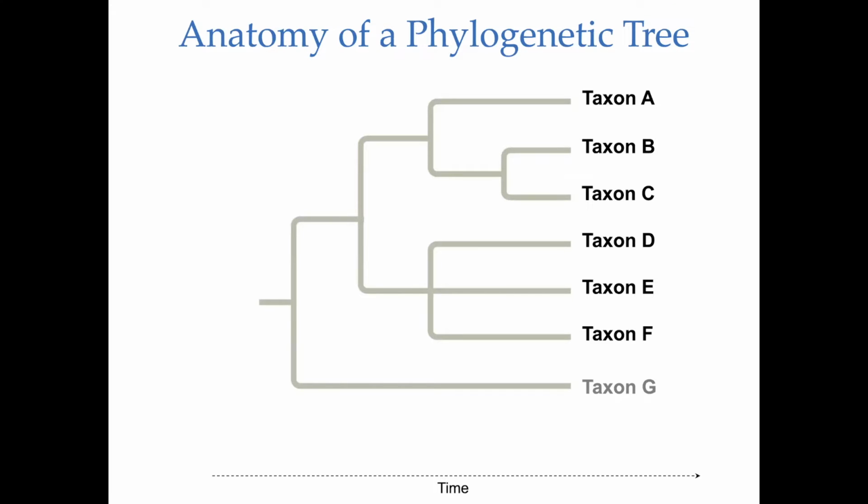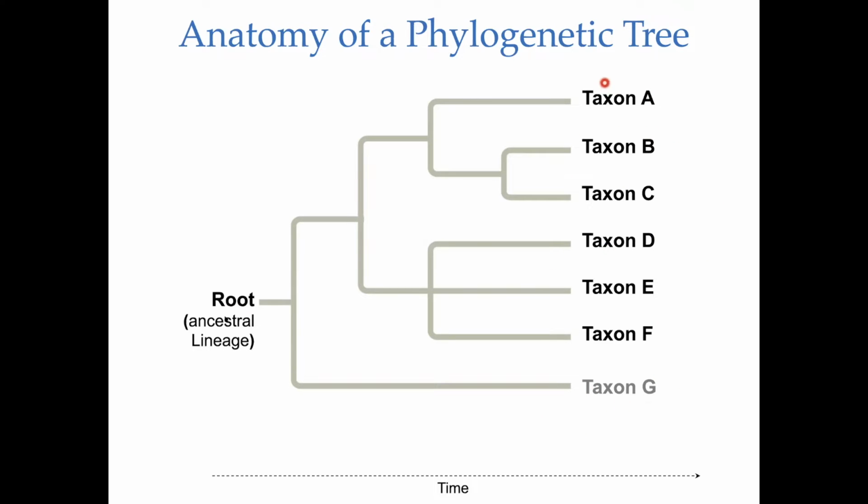Now we need to know what is inside a phylogenetic tree, what are the parts that make one phylogenetic tree. First thing that we have is our root. The root of the tree, usually represented like this one here, means the ancestral lineage. So it is the common ancestor between all the taxa represented in the tree.